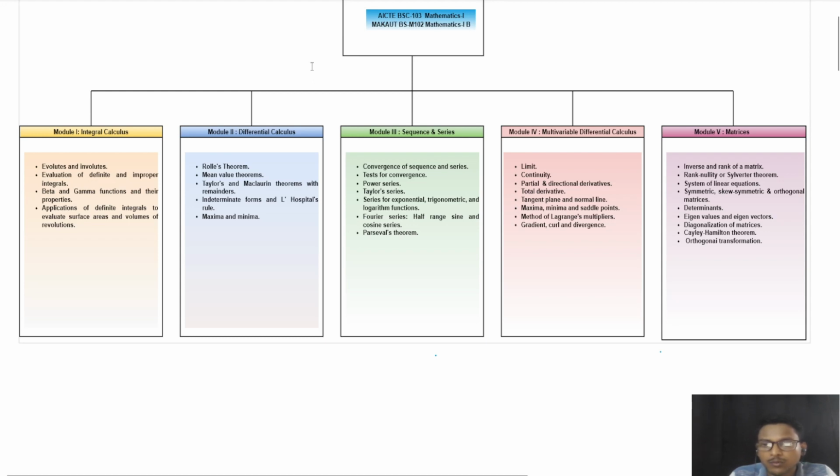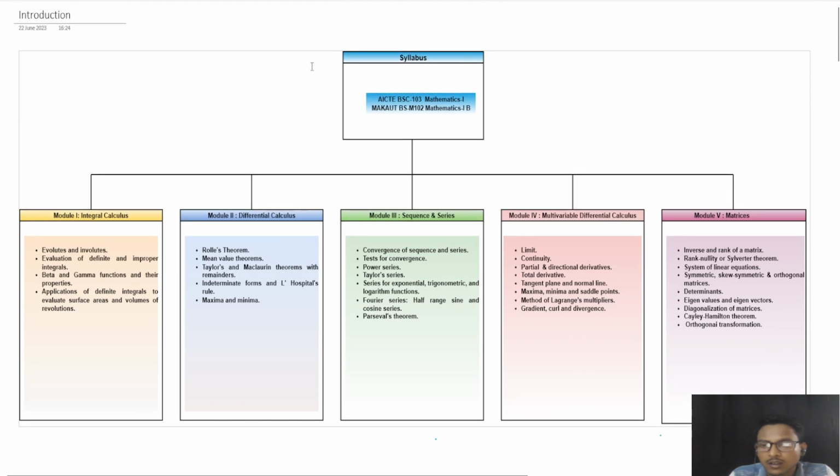The first module revolves around integral calculus and covers 4 different topics. The second module revolves around some important or fundamental results of differential calculus, which are basically mean value theorems. Then module 3 revolves around a few topics from real analysis, which are explicitly sequence and series.